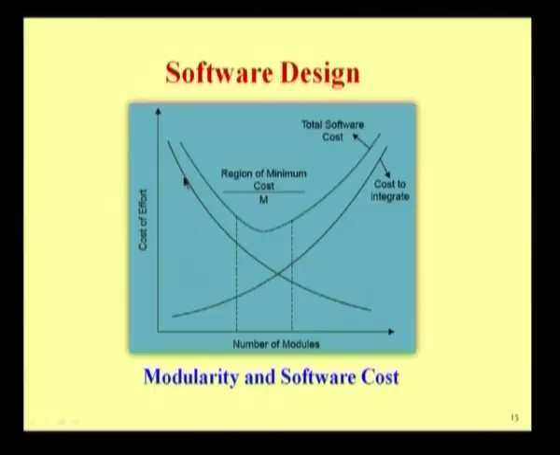This is a simple block diagram in which I have compared the cost of effort with the total number of modules. As the number of modules increases, the total cost of integration increases exponentially.